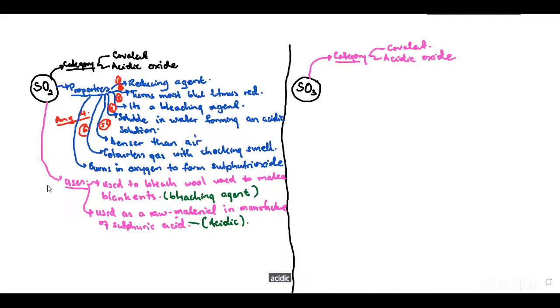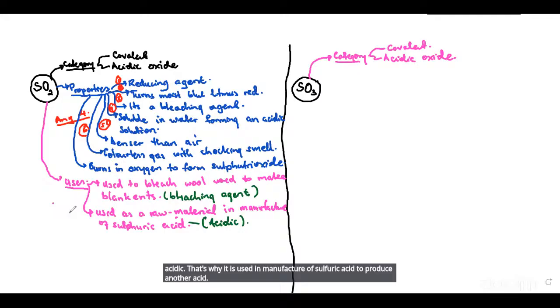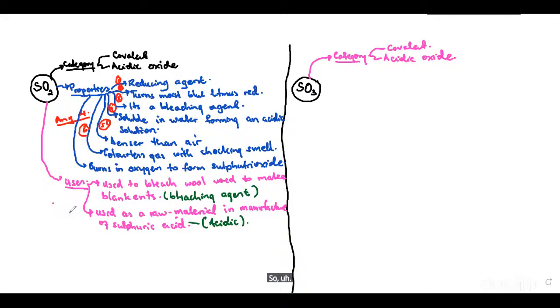That's why it is used in manufacture of sulfuric acid, to produce another acid. So crucial on that. There are still very many others you can add on, but allow me to look at those 2. Reason being, as a learner, we expect you to give us any one use. So why should I give you 100 of them?